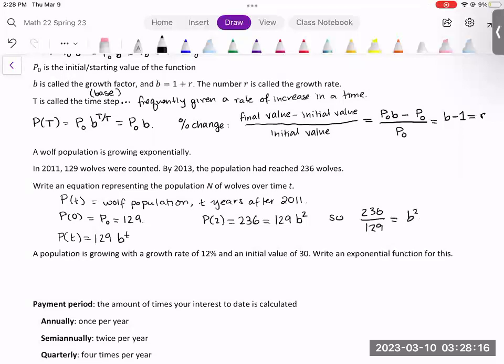And so b is just going to be the square root of this. So we can write our population at time t as 129 times the square root of 236 over 129, to the t-th power.